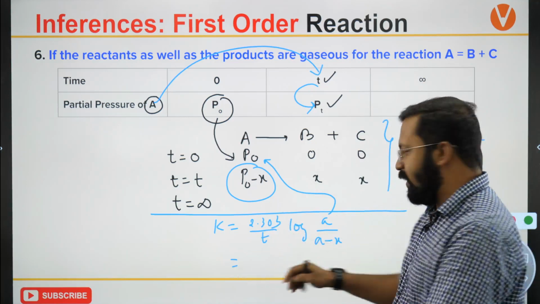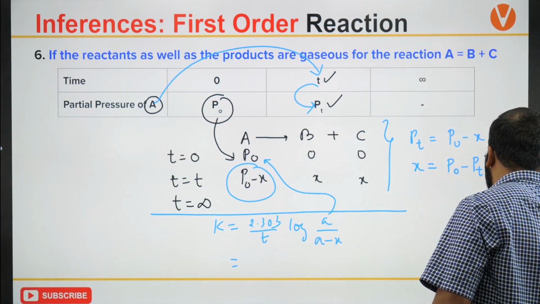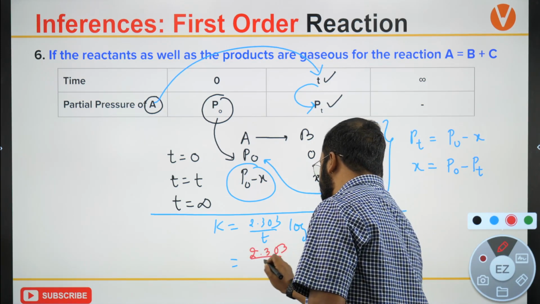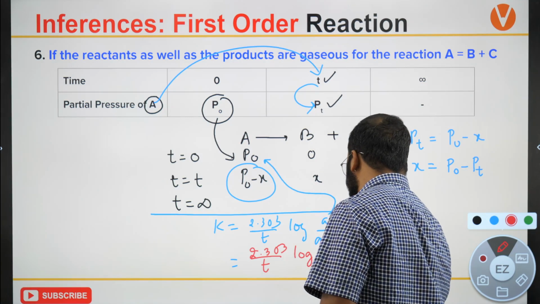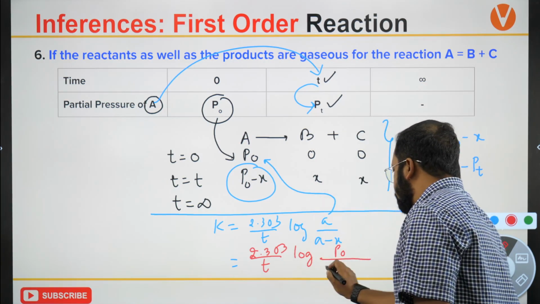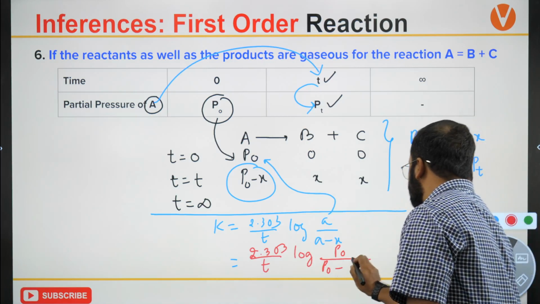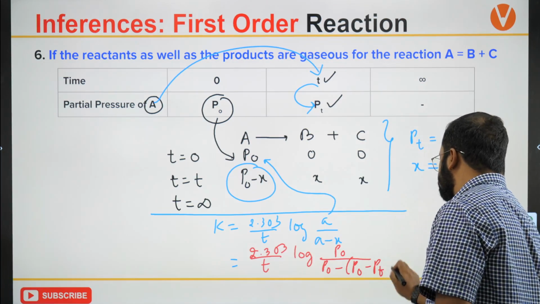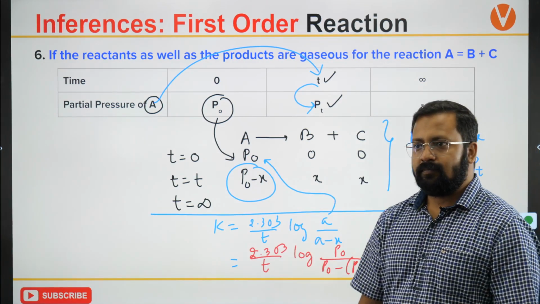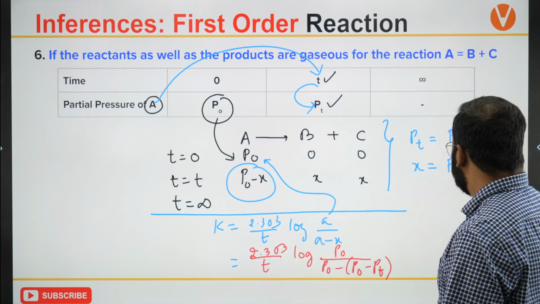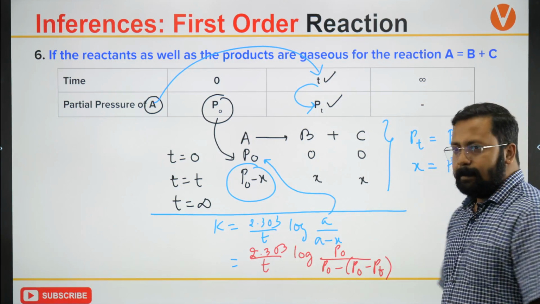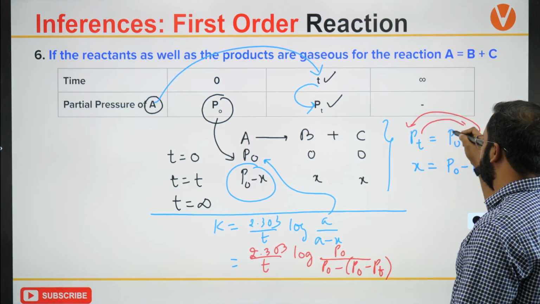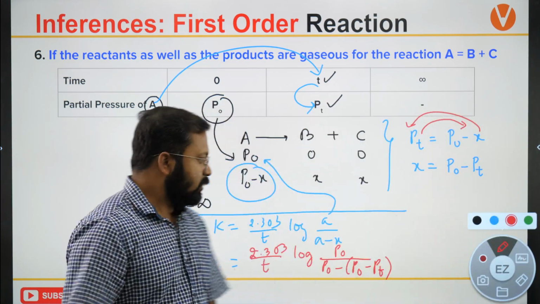So I will incorporate those values and my expression will become something like this: 2.303 upon T log of P naught by P naught minus, P naught minus PT. Isn't it?